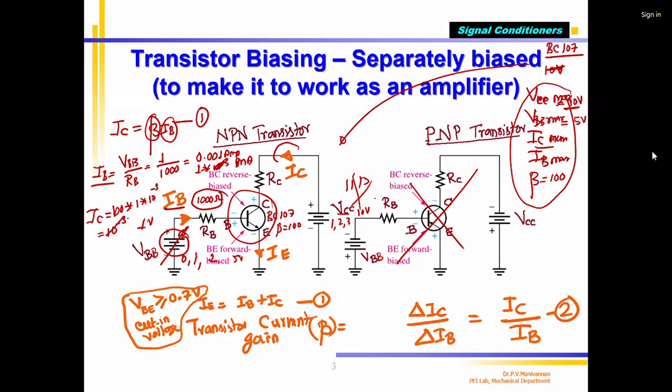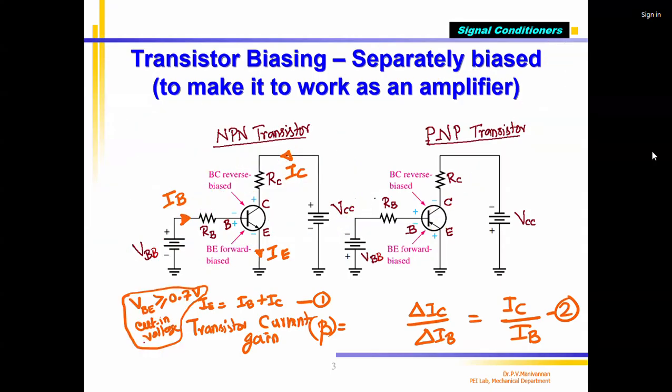So your IC will be equal to 0.1 amps, nothing but 100 milliamps. So now we can say that if I supply IB, which is the input to the transistor base, then in the collector, the collector current is 100 times because the beta is 100. So I can say that my transistor works as an amplifier.